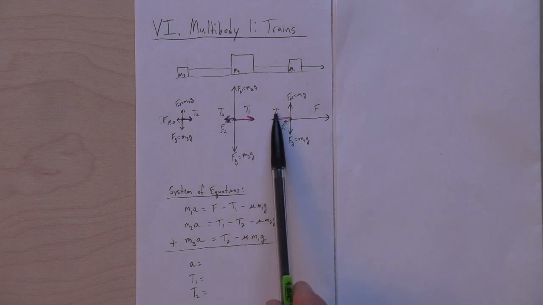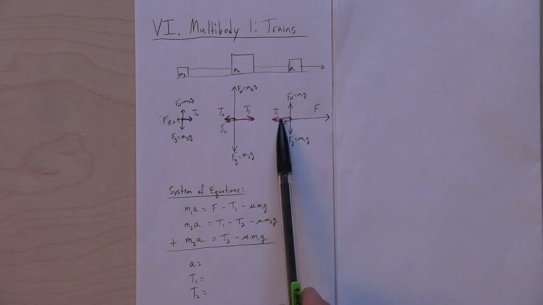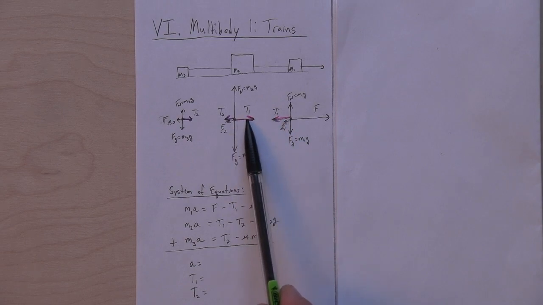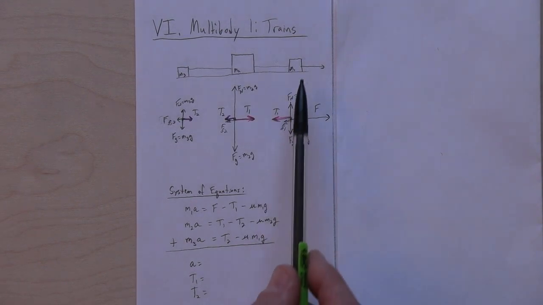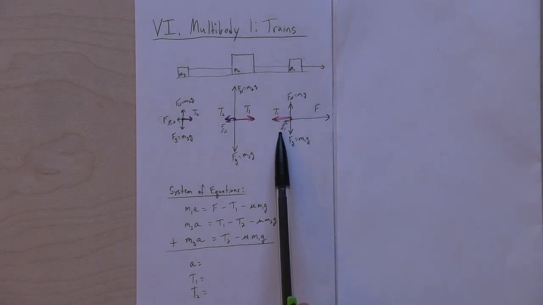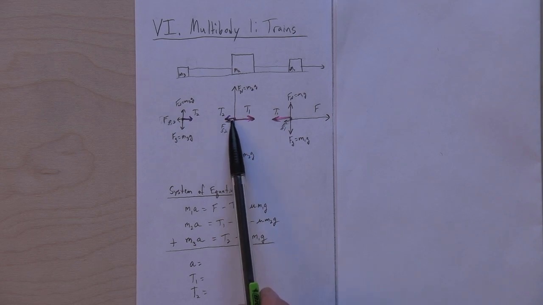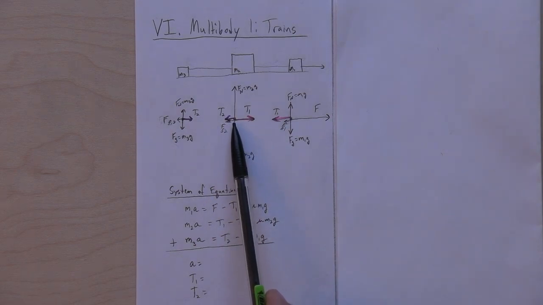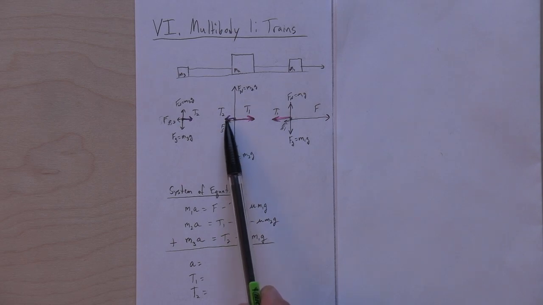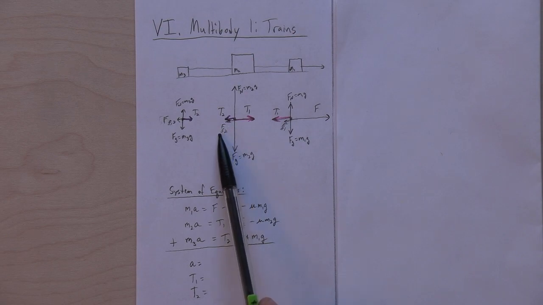T1, T1, same tensions. I color coordinated the action-reaction pairs. That's a little short, that should be a little bit longer, but I draw them the same length. And then of course, since this is dragging over a horizontal surface, there's a little friction, force of friction 1. Now this block starts moving forward, that's why I have friction 2. Okay, so there's that. It kind of got overwritten by the other colored arrow, but there is a backward arrow right there, force of friction 2.